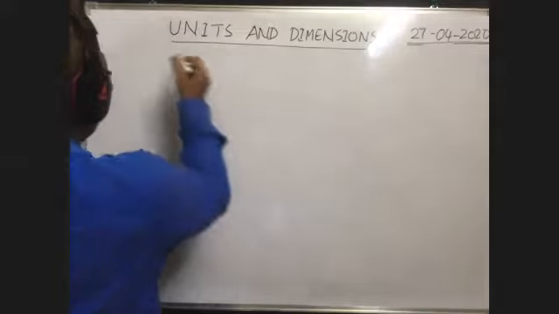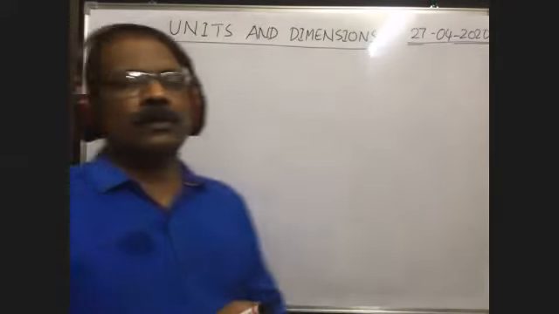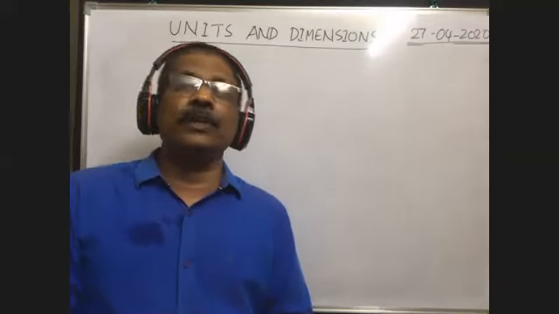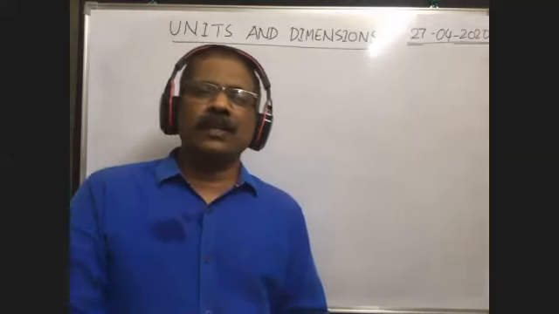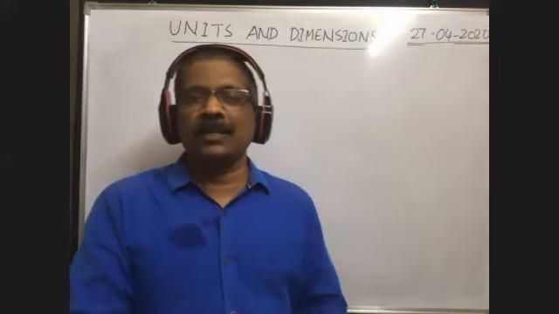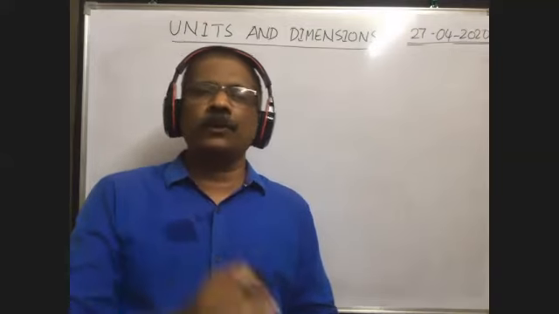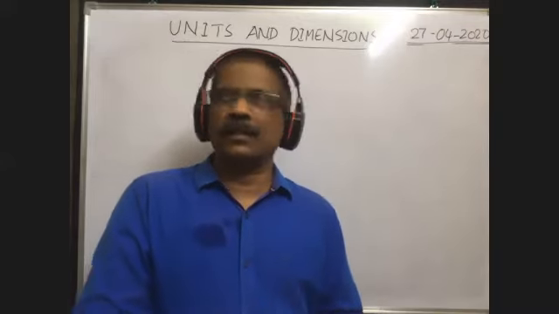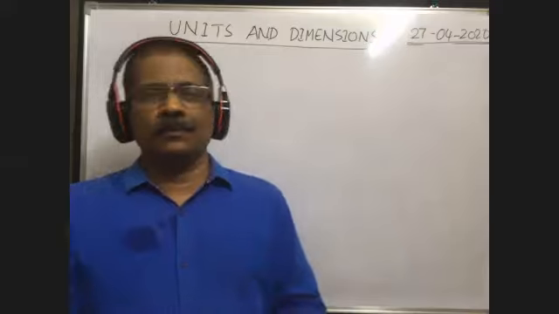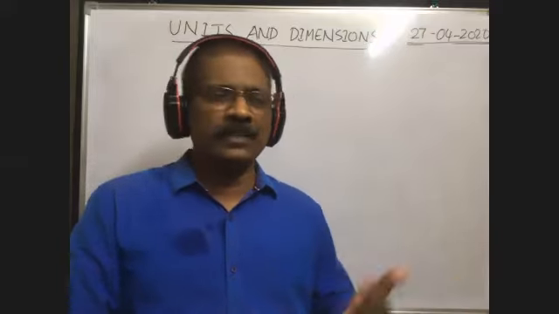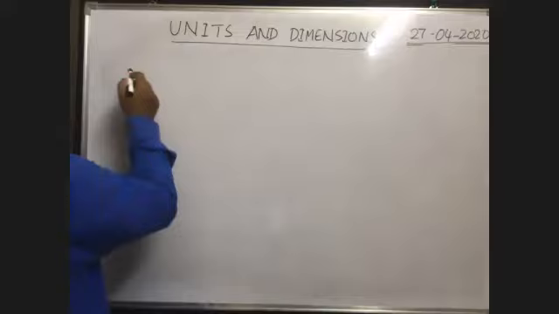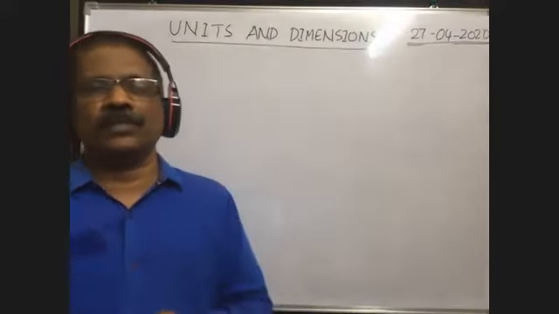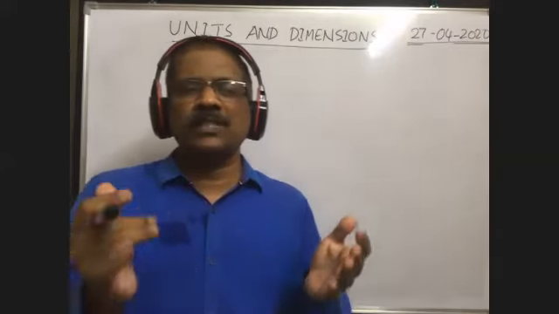First of all, in this chapter, for various physical quantities, we have to discuss the units. Already, length is measured in meters or in centimeters. Meter, centimeter is the unit, no? In this way, for various physical quantities, we have to discuss the units. Similarly, what about the dimension formula? We will see. So first, before starting units and dimensions, for various physical quantities, the unit.